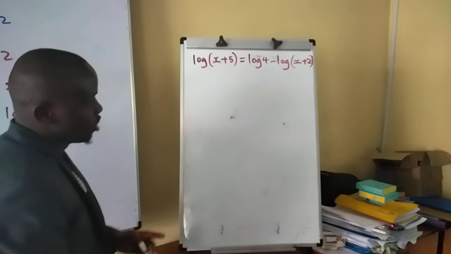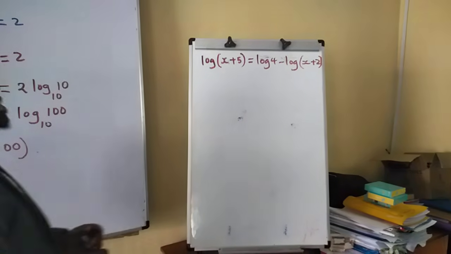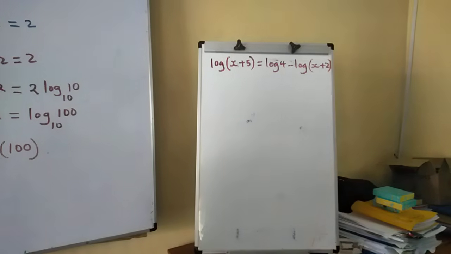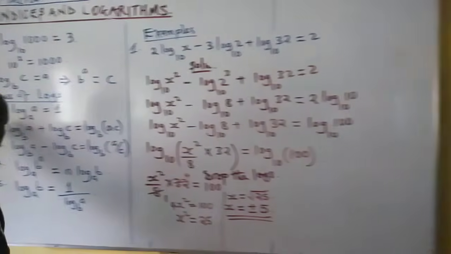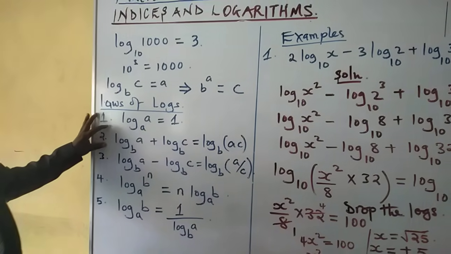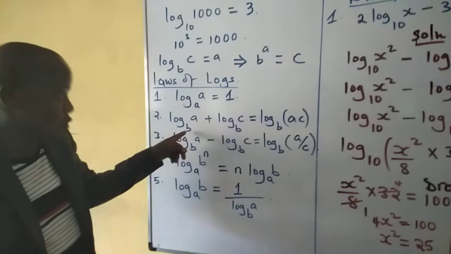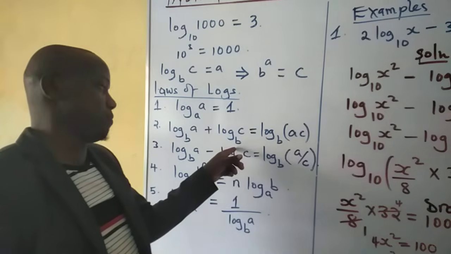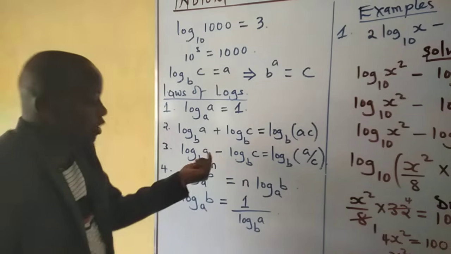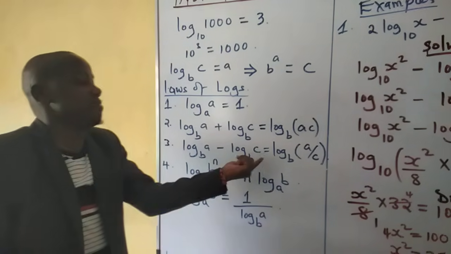So we go straight here to applying laws number 1, 2, and 3. In the first case, we know that log of a to base b plus log of c to base b is equal to log to base b of the product of the two numbers. And when it is a minus, we will divide the two numbers.